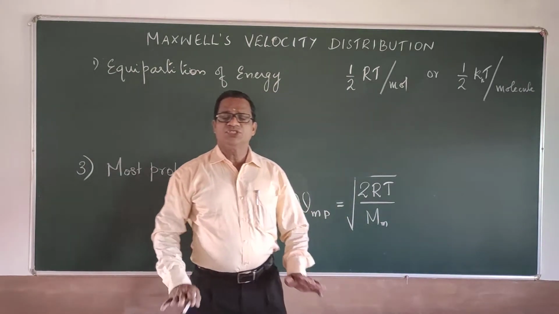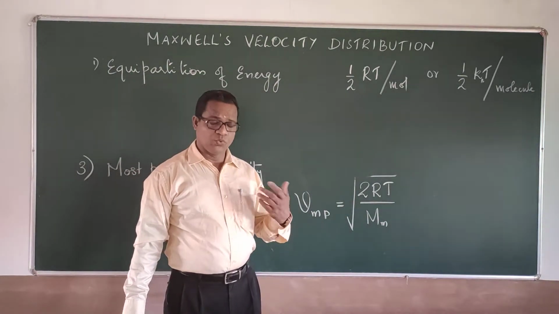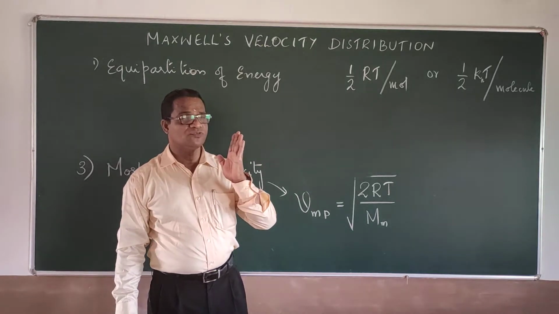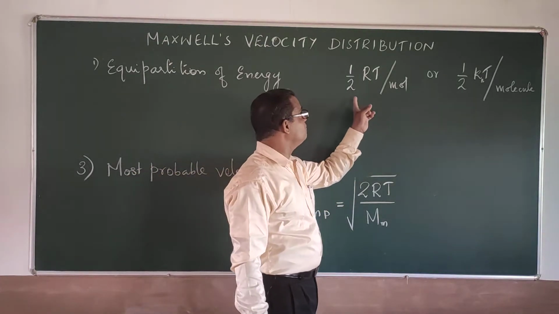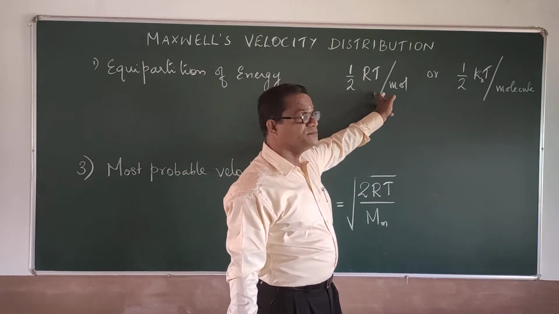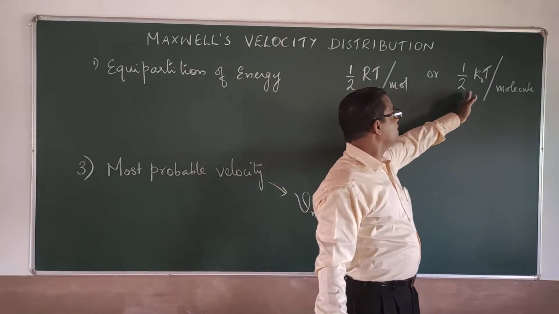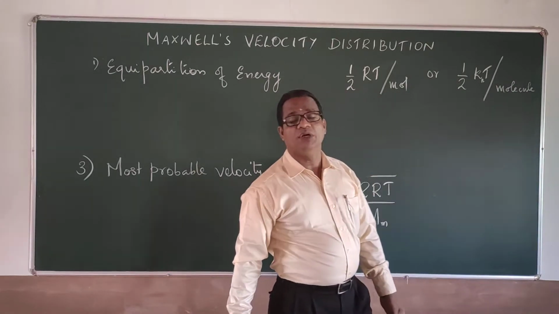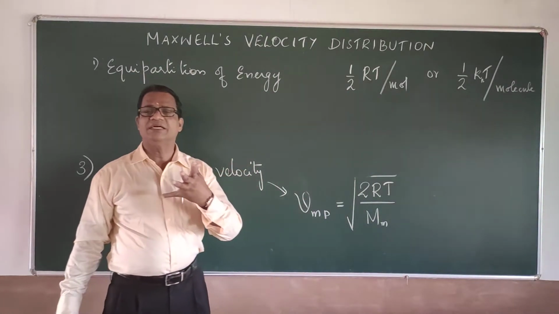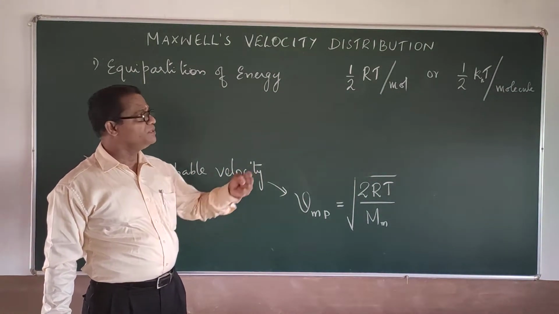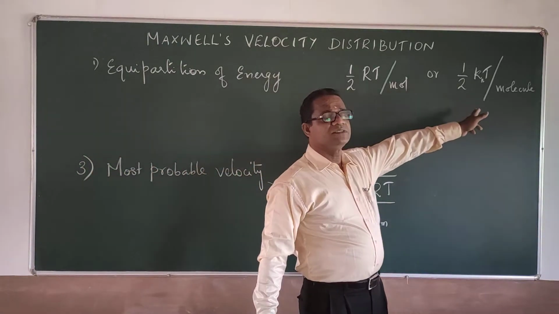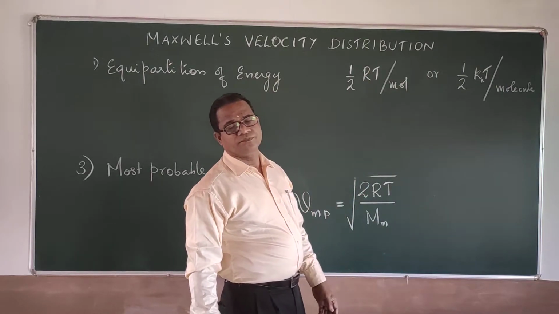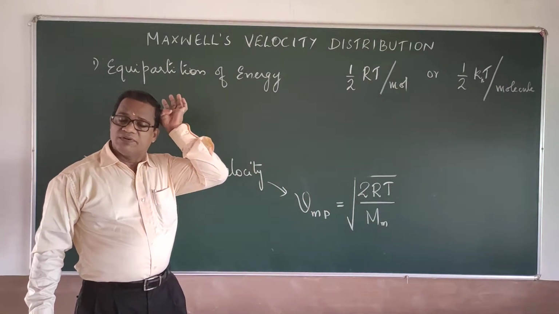So total energy is divided equally among the number of degrees of freedom, and each degree of freedom must get an energy of half RT per mole or half k_B T per molecule. That means the energy associated with the gas will be an integral multiple of this value, times the number of degrees of freedom.